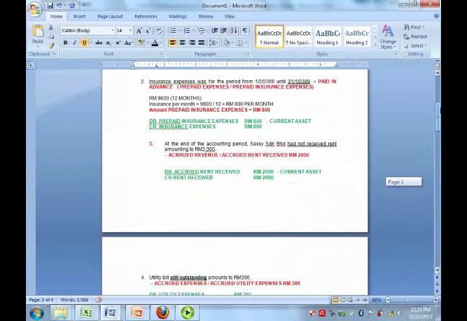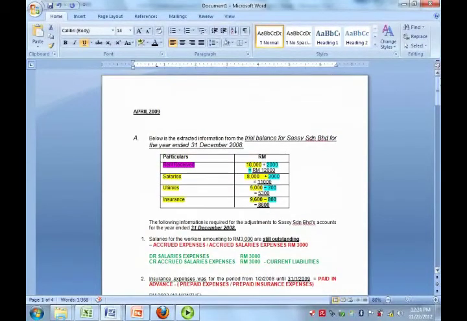So don't forget class, I conclude my tutorial today. Any amount still outstanding, still owed, not yet paid is considered as accrued expenses. When accrued expenses, the original amount of the expenses you need to add. Alright, one goes to income statement and another item will transfer to balance sheet, which is called accrued expenses.